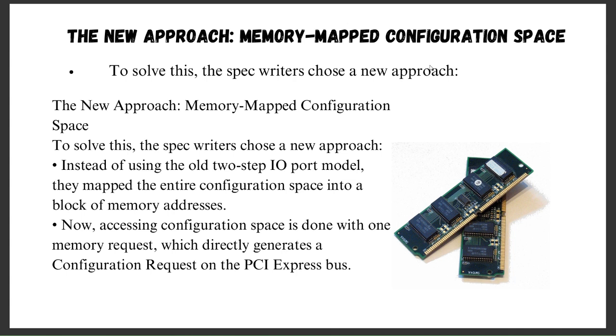So what is the trade-off for this approach? This new method consumes more address space. Each PCI function now gets a 4 KB block of configuration space. Mapping the configuration space for all PCI functions requires 256 MB of address space.